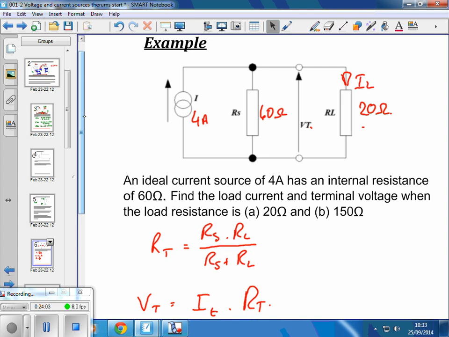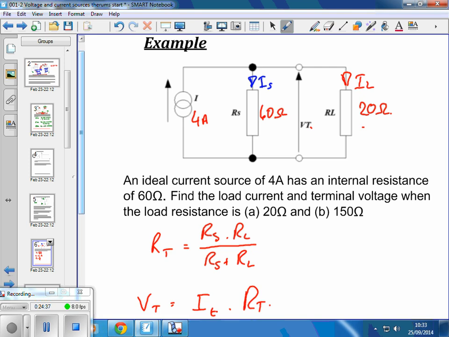Yes, Mark. No, because that's the ideal current source. That delivers 4 amps. This is the internal resistance of that source. So there's always going to be some current, IS, flowing down there. But depending on the value of this, that current's going to vary.